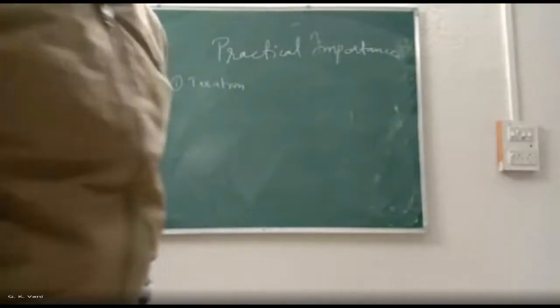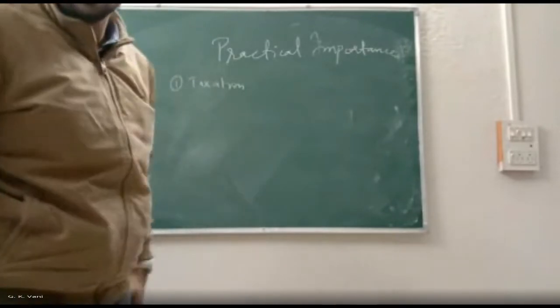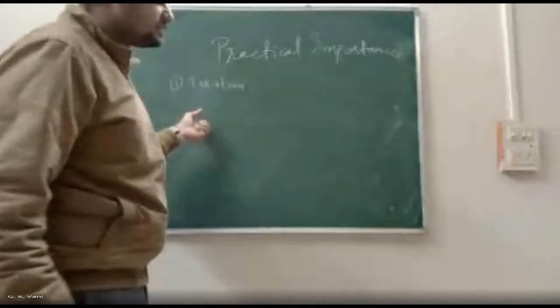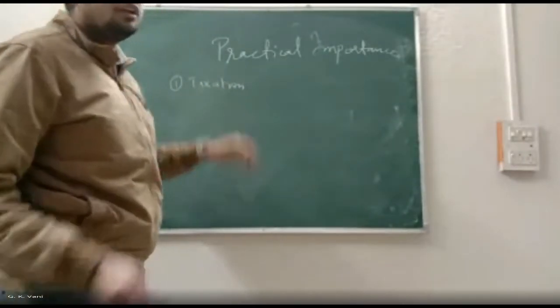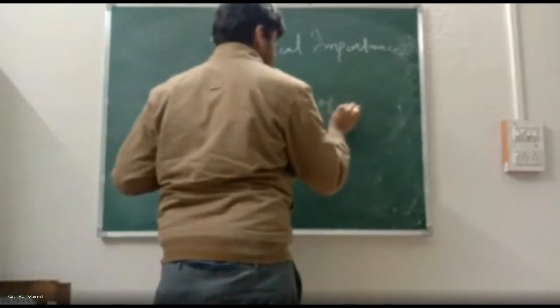You want to tax rich people and you want to subsidize poor people, or you want more tax on rich people and less tax on poor people, just because of the marginal utility of money.